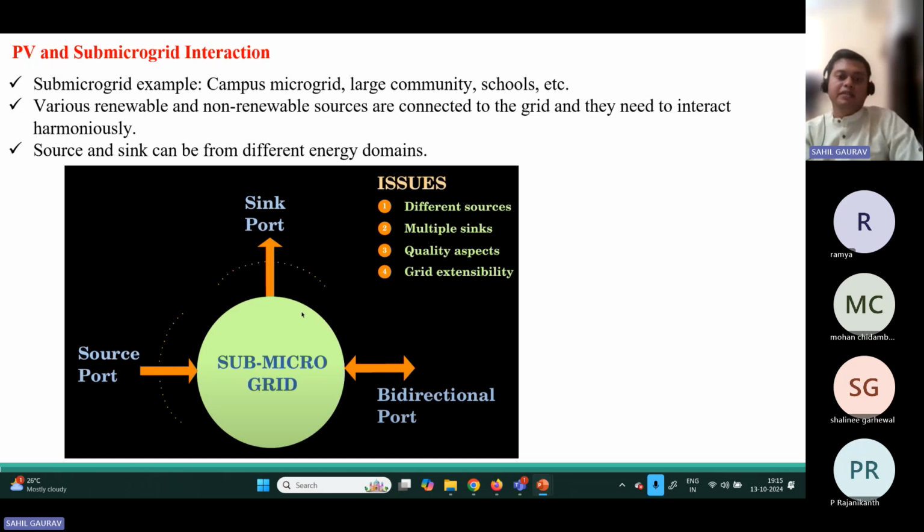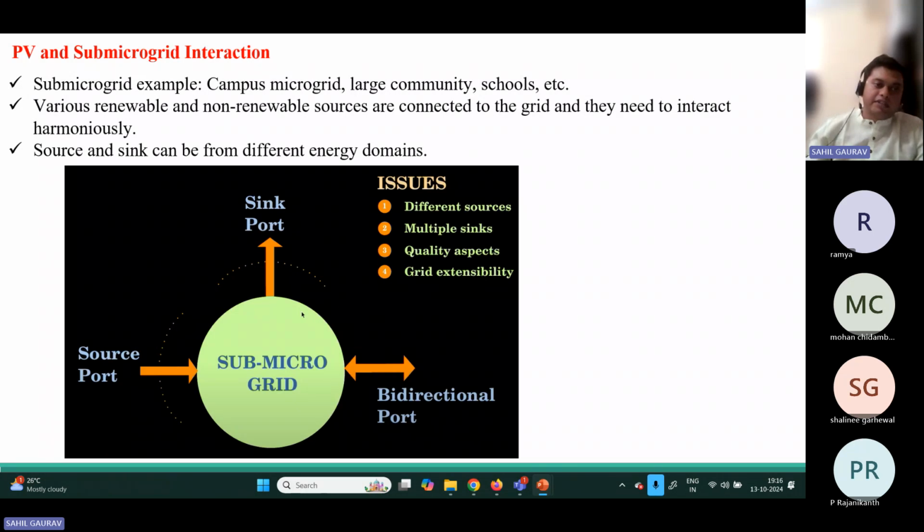In the next part, we have PV and sub microgrid interaction. What do we mean by this sub microgrid? For the sub microgrid, you can take the example of a campus microgrid or large community schools, and it includes various sources, sinks, and some bidirectional ports also.